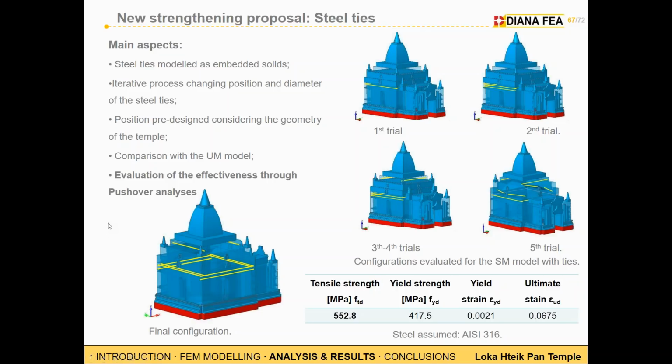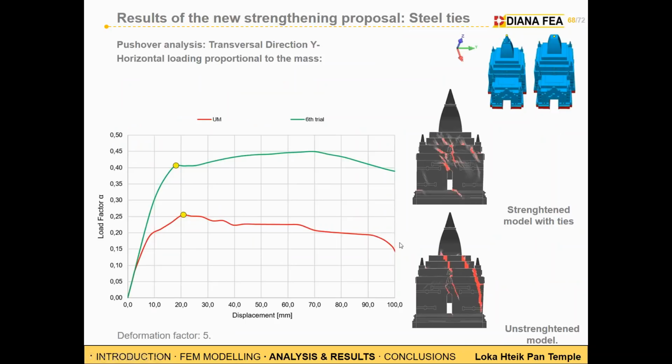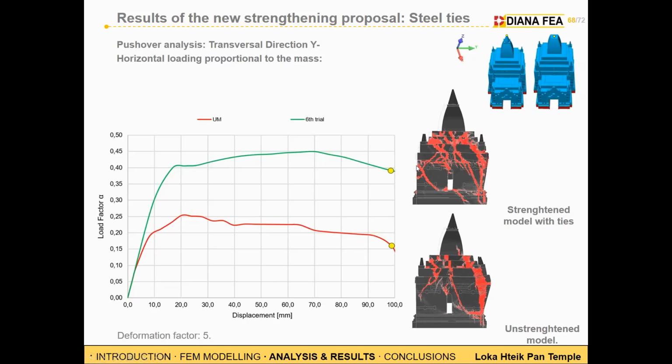And because of time, because I had to deliver my thesis, I could just perform pushover analyses, which are quite a bit faster than dynamic analyses. And so, as we did for Carmo Convent, we can compare the unstrengthened configuration, which is below, and the strengthened configuration with the steel ties.